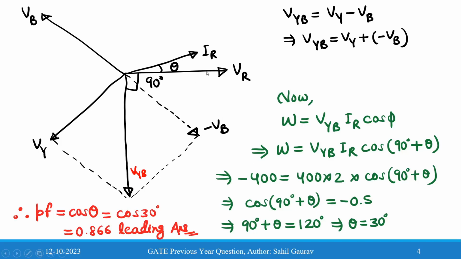Means if you have taken the current IR as lagging VR, then theta will come as negative. That means you have to just reverse that thing, and in that case the power factor will also come as 0.866 leading. So in both cases you will get the power factor as 0.866 leading. Either you assume that IR is leading VR, or you assume IR as lagging VR, you will get the correct answer only.